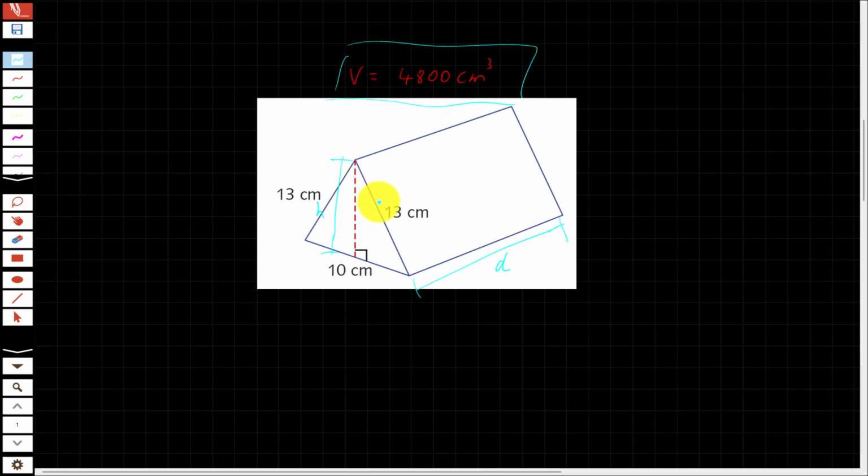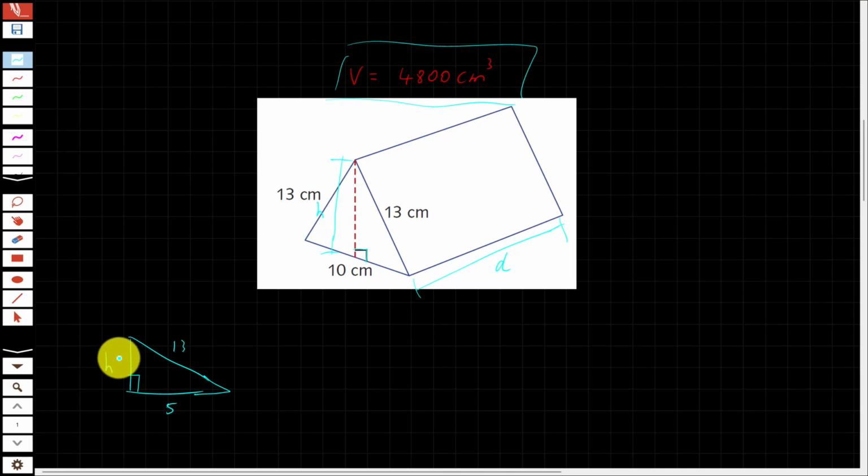We're given the side lengths of the triangle, and we know that from the center to the top is a right angle triangle with the symbol there. With right angle triangles, we know each side from the middle to the end is 5. We know this one is 13 centimeters, but we just don't know H.